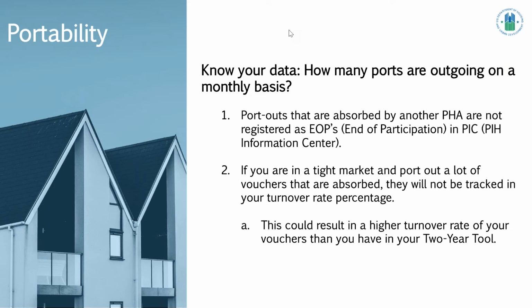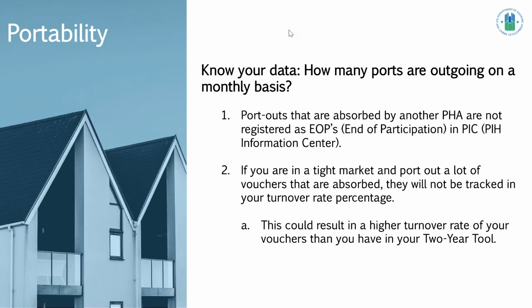And so if you're in a tight market where you've got a lot of ports that are being absorbed by other PHAs, you have the ability to lose track, or you're under tracking the number of vouchers that you're losing to your program in your turnover rate, because it's not tracked in PIC as an EOP, it's tracked as a type 5.